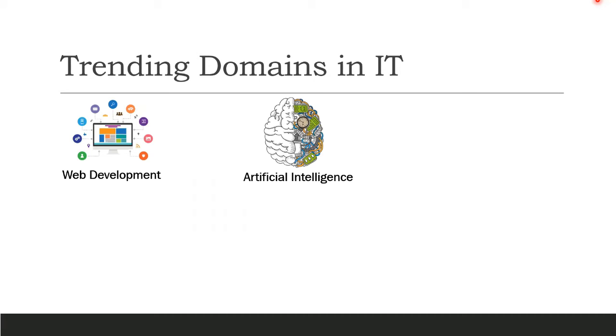For example, if you are a doctor, even being a doctor, in the coming days there will be facilities where surgeries will be done by artificial intelligence. In such a situation, to build that machinery, doctors who know artificial intelligence will be required.